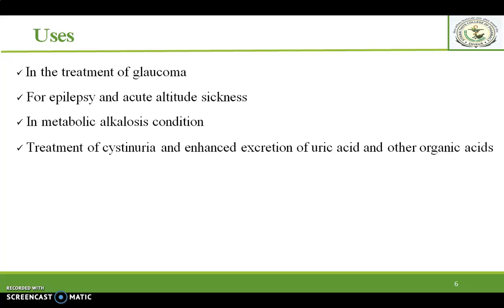Cystinuria is a condition in which there is a maximum concentration of cystine in urine. Due to that, there is a chance of formation of cystine stones inside the kidney. So to treat this, to increase the excretion of cystine from the kidney, these carbonic anhydrase inhibitors can be used.